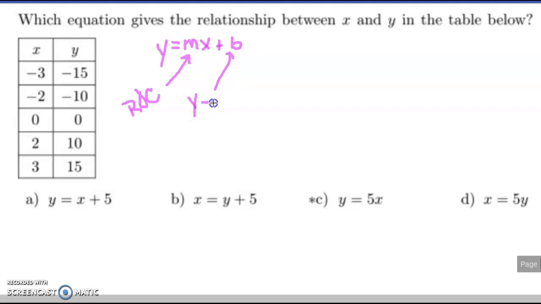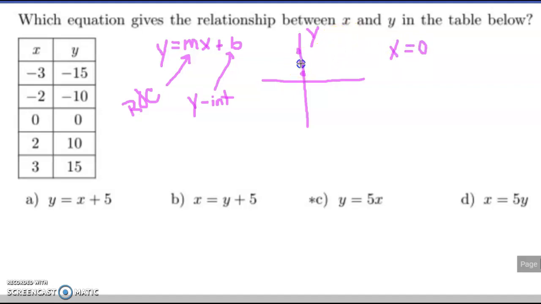And remember, the y-intercept is where it crosses the y-axis. If I were to look at a graph that looked like this, and this is my y-axis up here, any single point that I could draw on this graph, because I'm only going from the origin up or down, notice that the x value is always going to be 0.